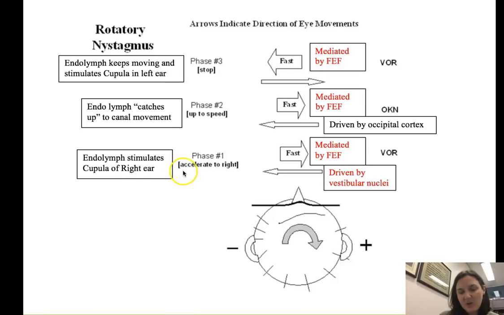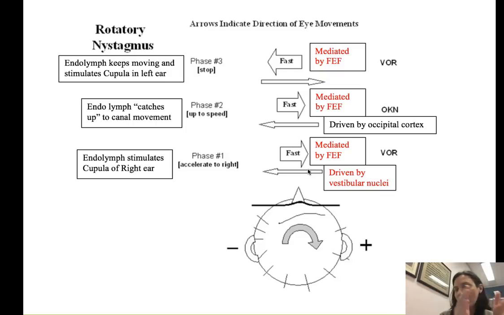And in that situation, you are generating a smooth pursuit to try to keep your eyes looking forward. Then your frontal eye fields kick in and start to mediate a saccade in the opposite direction, because it's trying to keep up, it's moving away from the eyes.